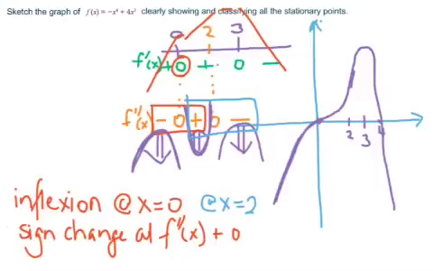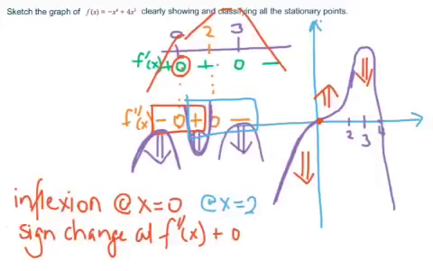So if I draw my concavity arrows here, I've got concave down here, concave up here, concave down for the entire rest of the graph. My first stationary point was this one here. It was a horizontal inflection, and I know that because I have a 0 here, a 0 here, and a change in sign.